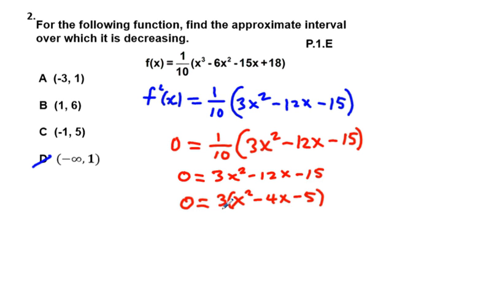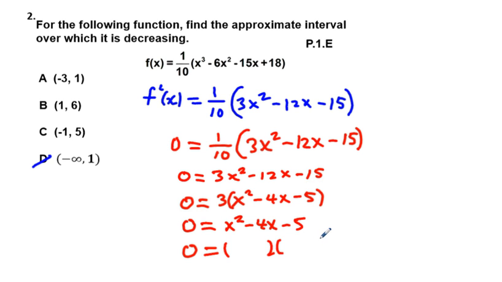Next, we're going to divide both sides of this equation by 3, and again we get 0 equals x squared minus 4x minus 5. Now we're going to attempt to factor this smaller, less complicated quadratic trinomial.